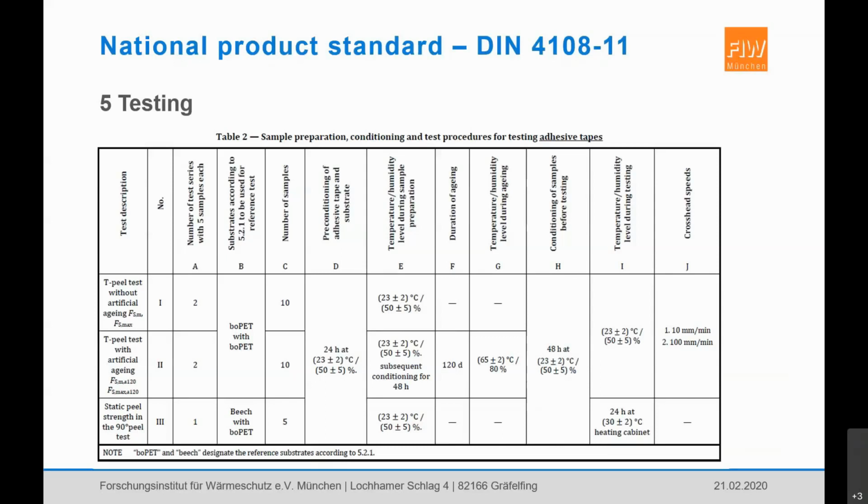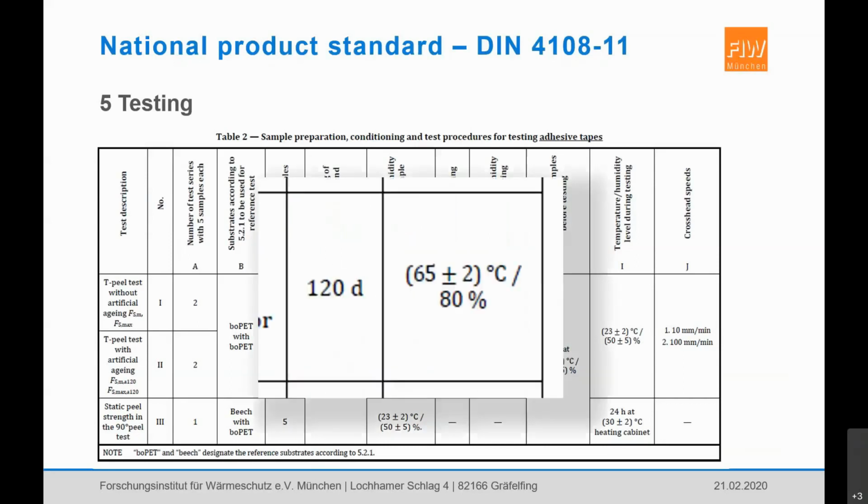It defines the test methods, the time frame, the number of tests, and also the artificial aging conditions. Here we have chosen 65 degrees, 80% relative humidity, as already mentioned in one of the previous presentations, for 120 days.